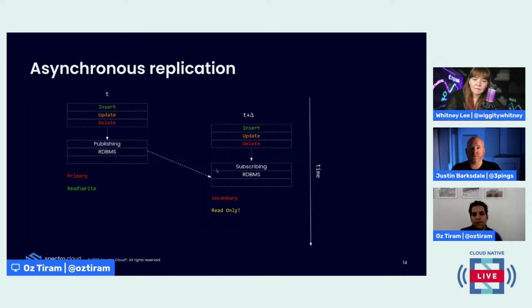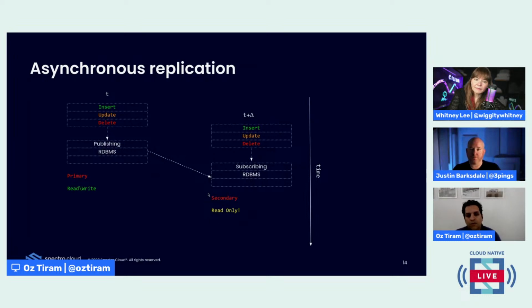That means that, again, we don't have two control planes, and there's a delta of time where the data is inconsistent. So if the primary database crashes, there's a chance of the secondary losing some data.